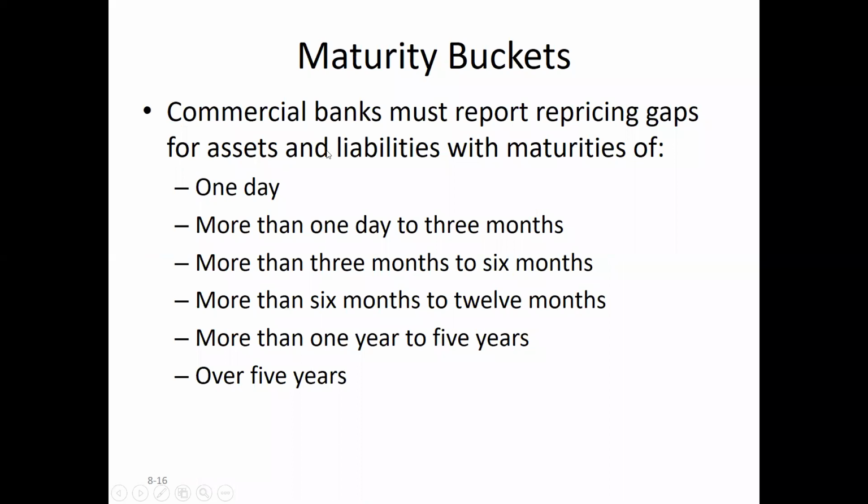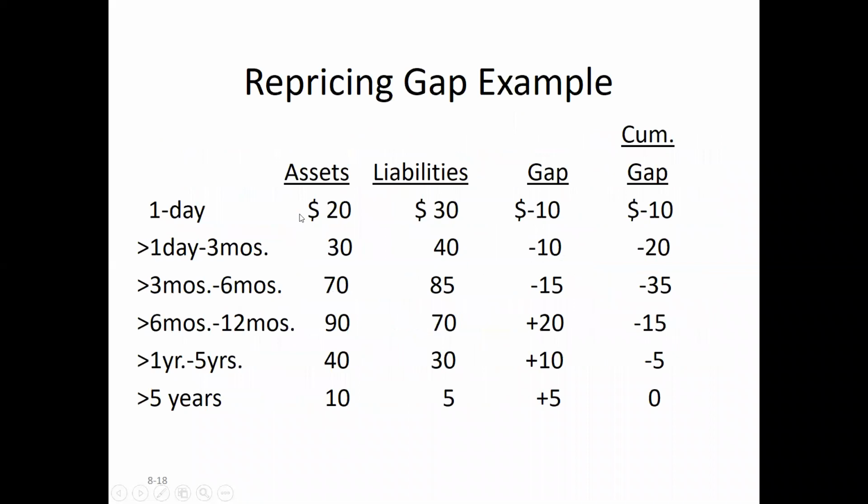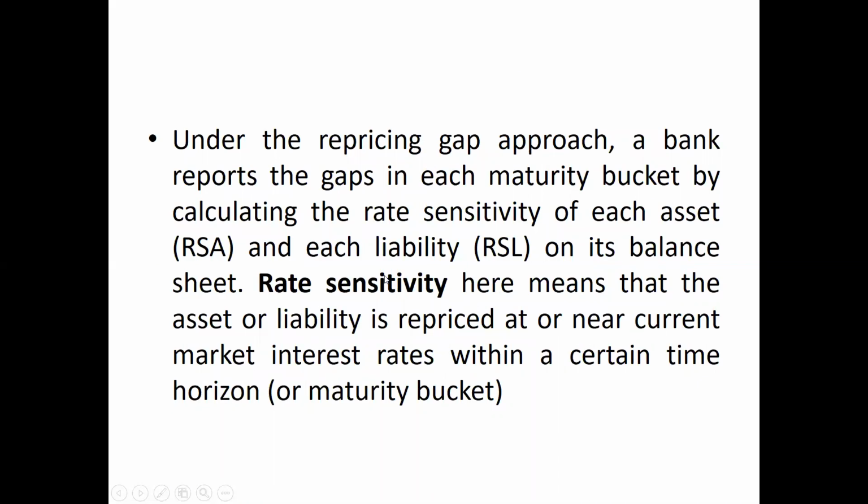There are some maturity buckets that should be considered by banks: 1 day, more than 1 day to 3 months, from 3 months to 6 months, from 6 to 12 months, from 1 year to 5 years, and over 5 years. We take into consideration rate sensitive assets and rate sensitive liabilities, and we define rate sensitivity as that asset or liability being repriced at the current market interest rate within a certain time horizon or maturity bucket.